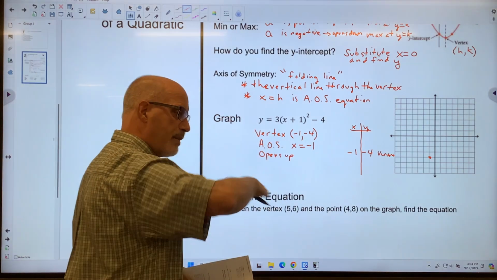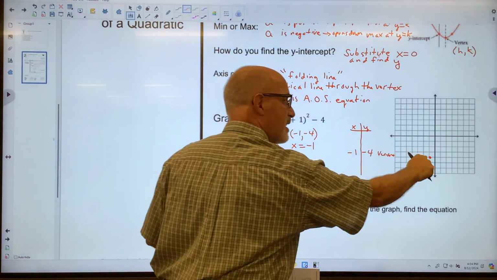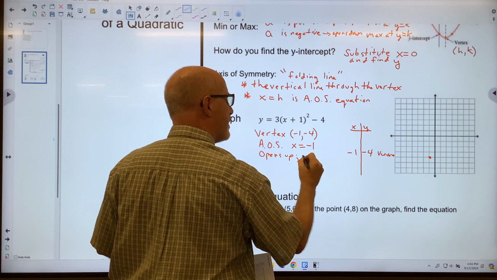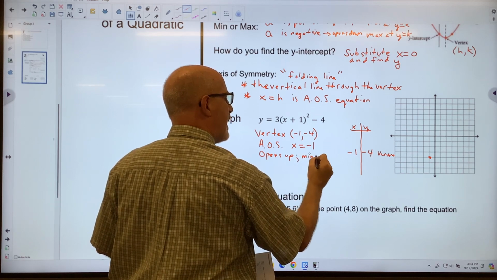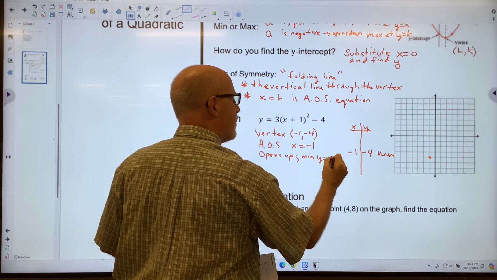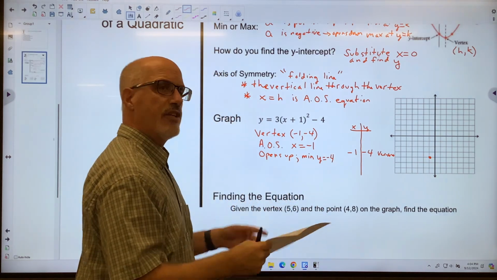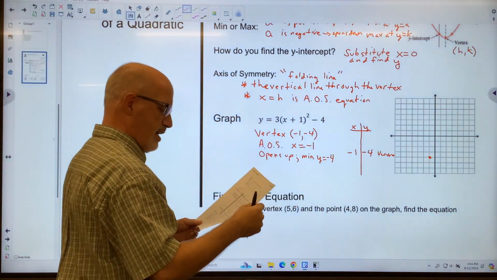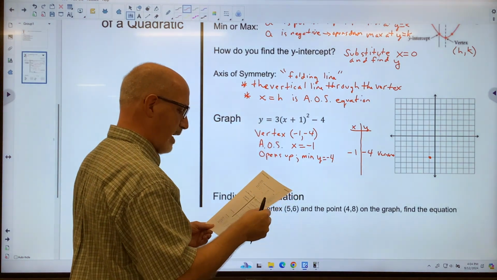And so if it opens up, that point is going to be the bottom point, so it's going to be a minimum at y equals -4. I haven't even graphed it, and I already know that that's the lowest point on the graph because of how these work out.